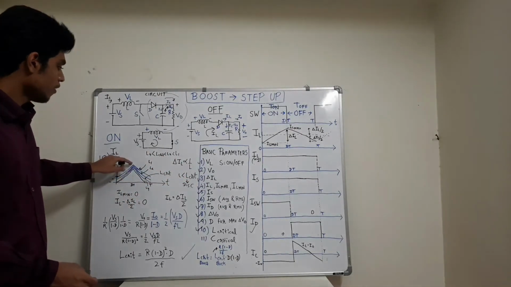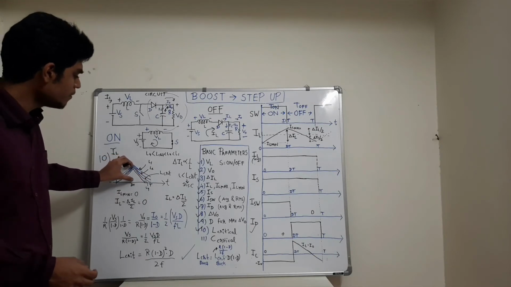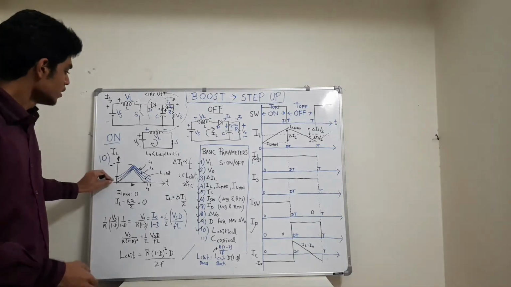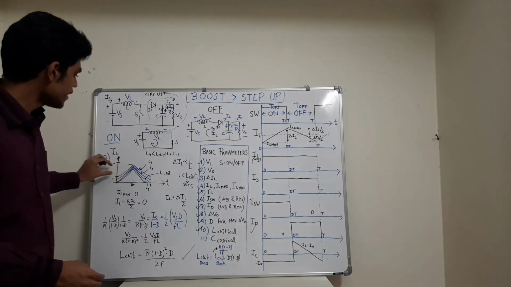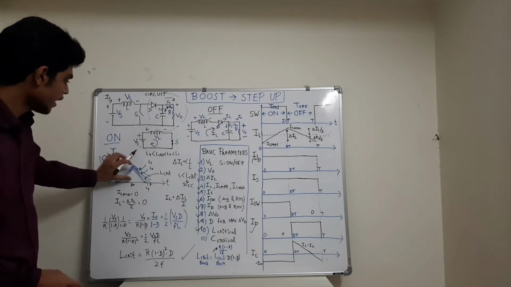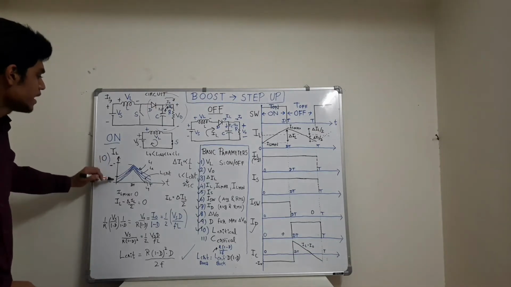Hence, for L1 this was the graph. For L2 the graph shifted below. Its minimum value shifted below so that the ripple can increase. Previously it was this much, but now as the graph has shifted below, the minimum value has shifted below, so ripple has increased.